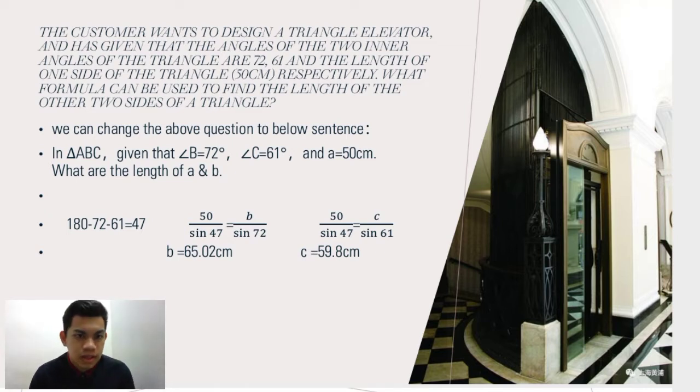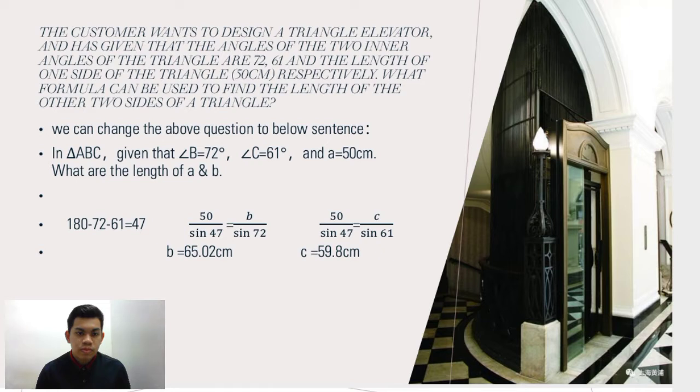For the first thing, we can change the above question to the following. For example, in triangle ABC, given that angle B equals 72, angle C equals 61, and A equals 50 cm. What are the lengths of B and C?